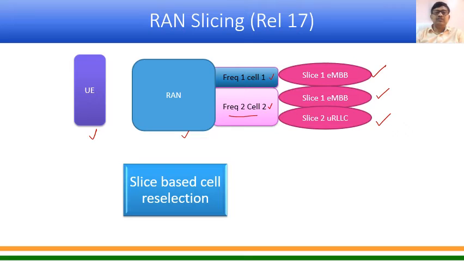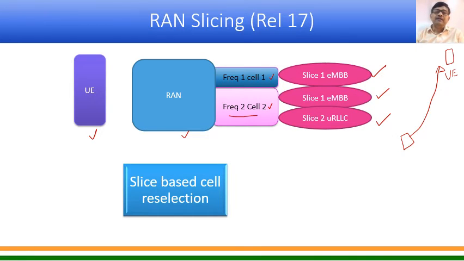And this concept is used for slice based cell reselection. What is it? Suppose one mobile user equipment is moving from one area to another area, moving from cell 1 to cell 2.